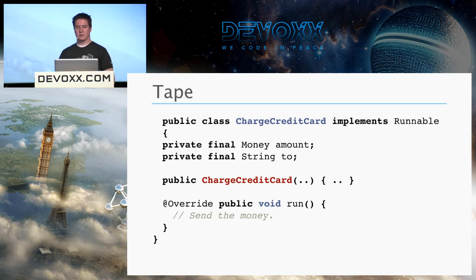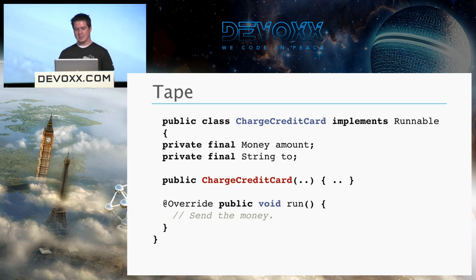So this is code that you see very often in a lot of apps. Basically, you have a task that you want to do. Say you want to post a tweet, charge a credit card, or post something to Google+. So what you do is you have a task which basically implements a runnable and performs that, and you would typically execute this on a background thread using an executor.